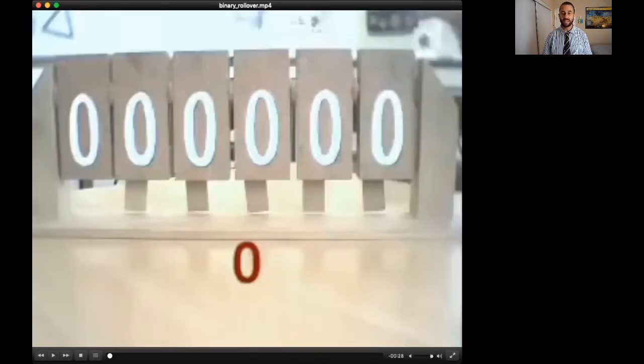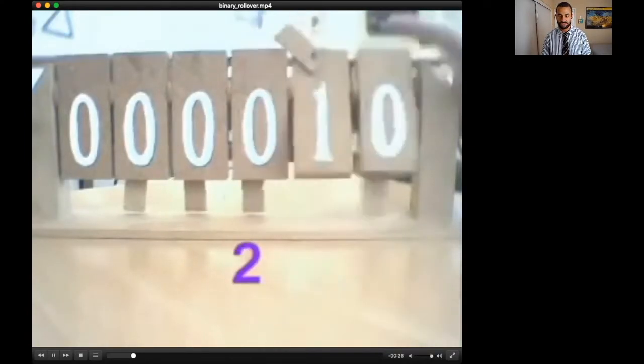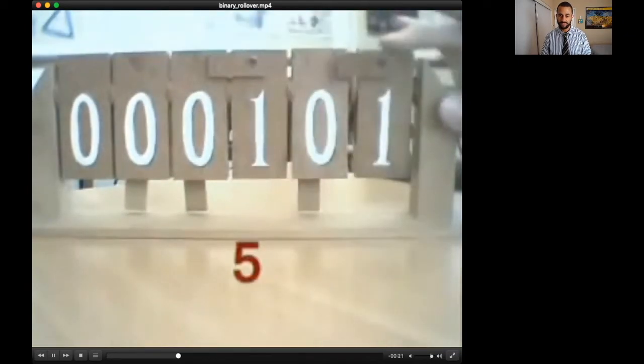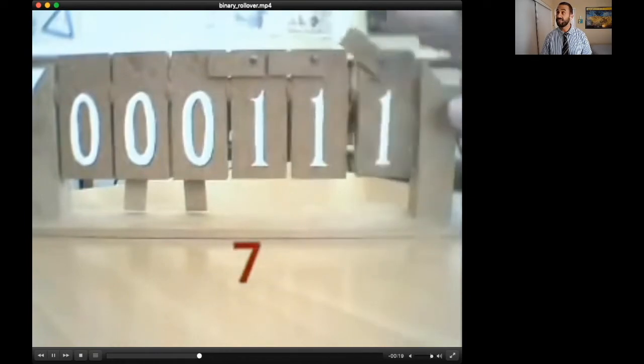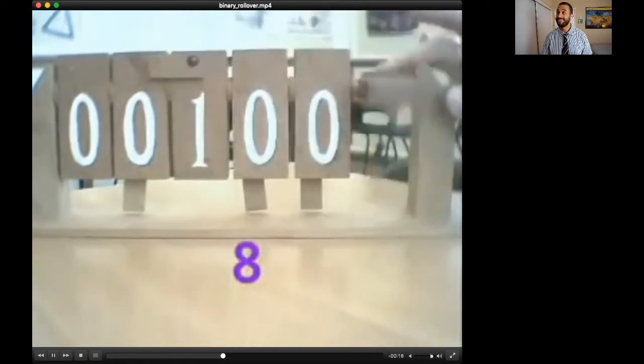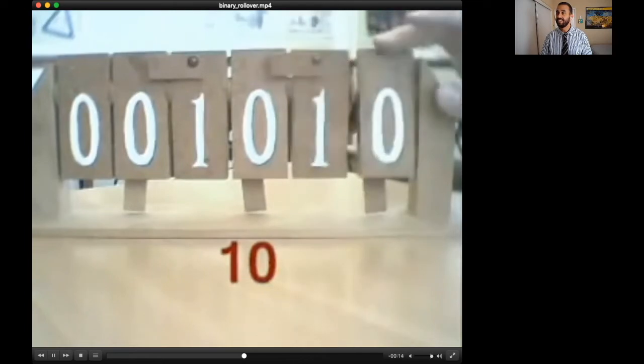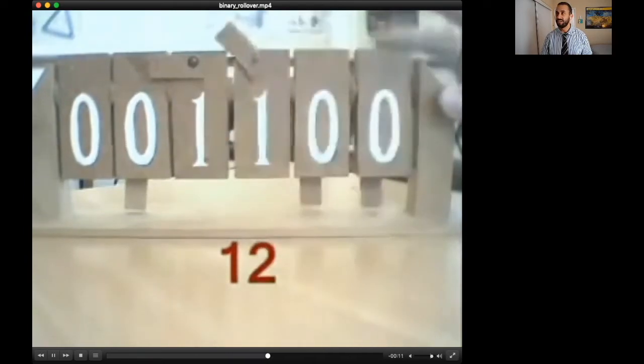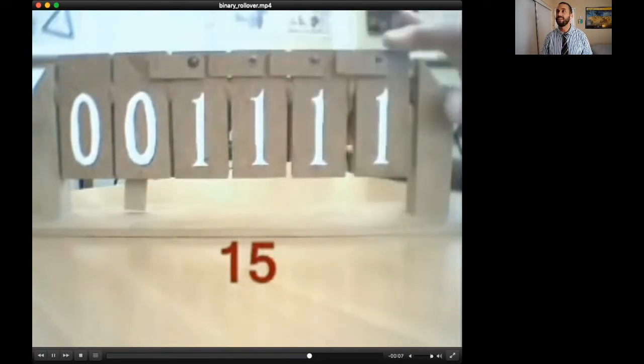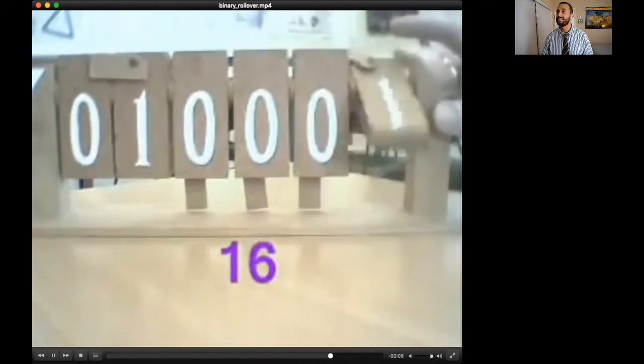Okay, so we're just going to count in binary, and you can see that we've got a bunch of places, and all the places are filled with zeros to start because we're starting at 0. And then we're just going to count up. 1, 2, 3, 4, 5, 6, 7, 8, 9, 10, 11, 12, 13, 14, 15, 16, 17.